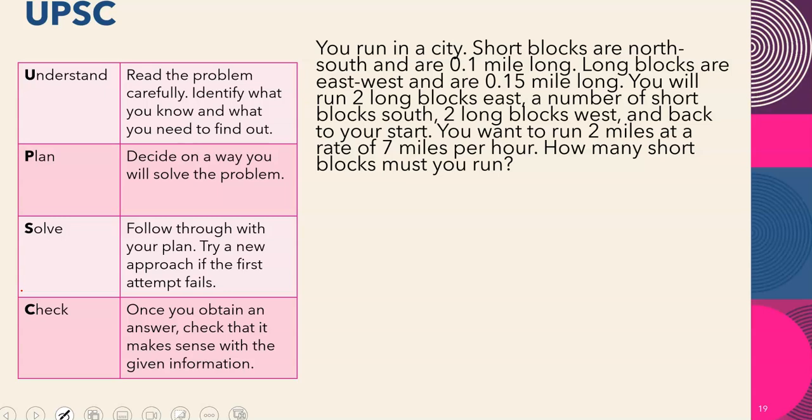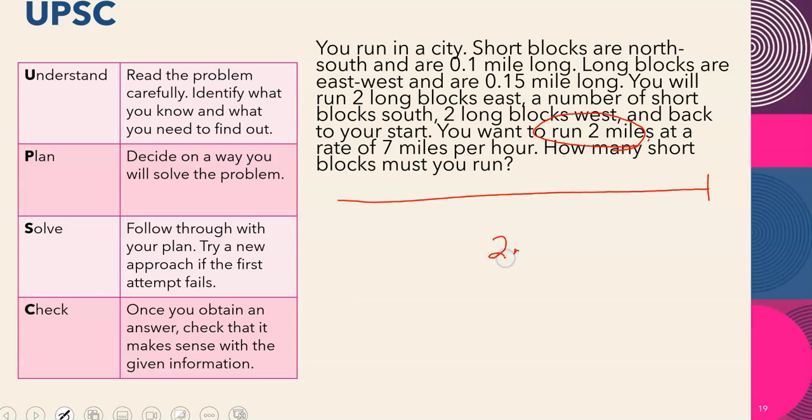So when I see that our total goal is 2 miles, a couple things come to mind. I know I'm talking about a city, I know I'm talking about blocks. So why not draw a sort of number line? Yes, we're going northeast, southwest, all different directions, but in the end, we're going to have a 2-mile stretch.